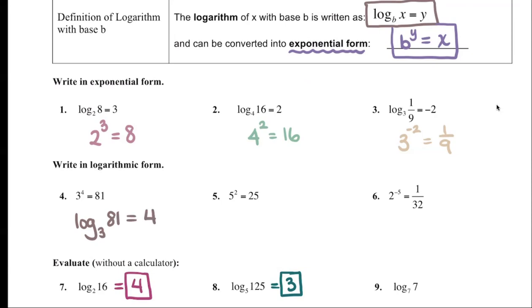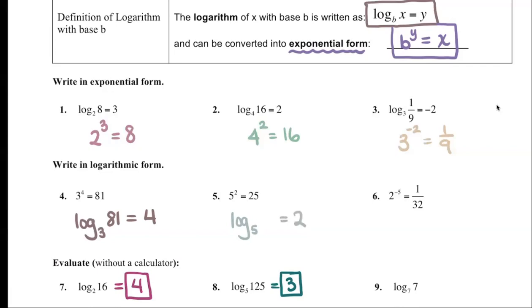Okay, let's try another one. Gavin, try number 5. Okay, so I would start with log. Good. And log 5. Good. And then I take the 2 and that goes to the other side across the equal sign.